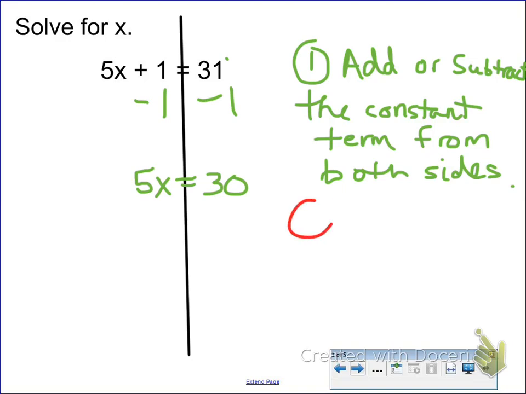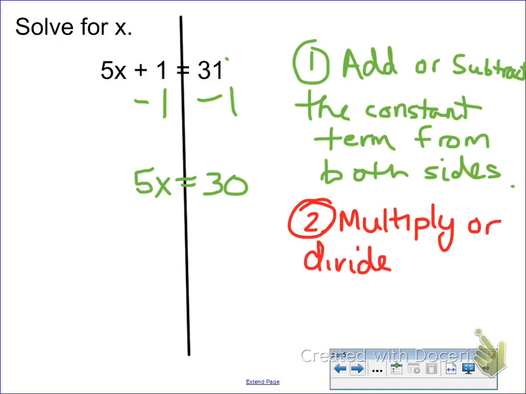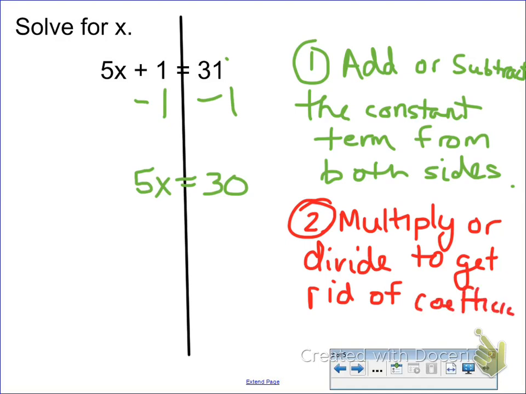The next step is to multiply or divide to get rid of the coefficient in front of x.